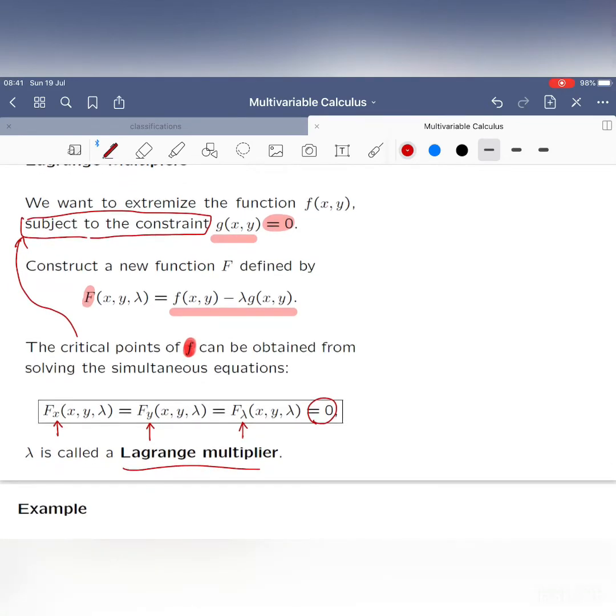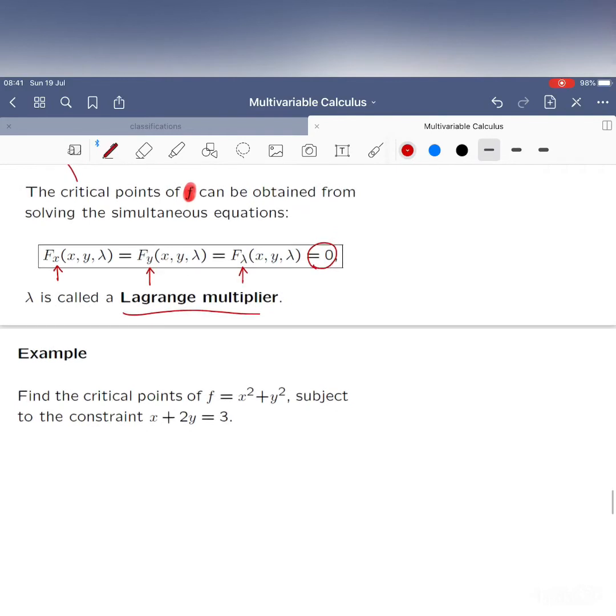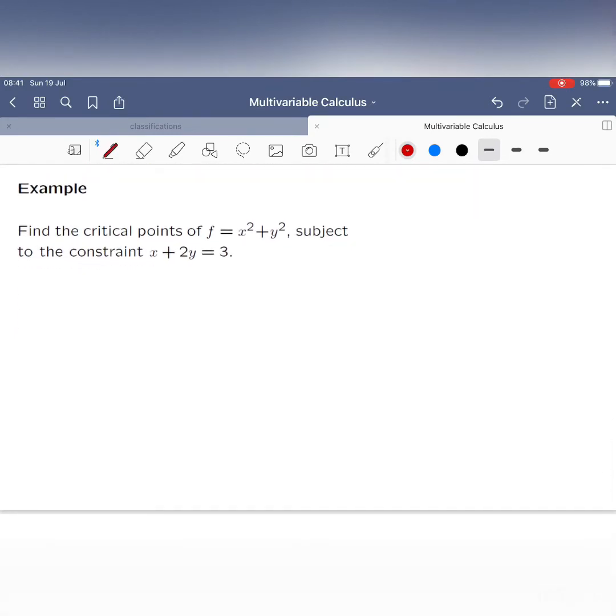So let us try to use this Lagrange multiplier to solve the same problem again. We want to find a critical point of x squared plus y squared subject to the constraint. Look at the question carefully: what we can find is only the critical points.